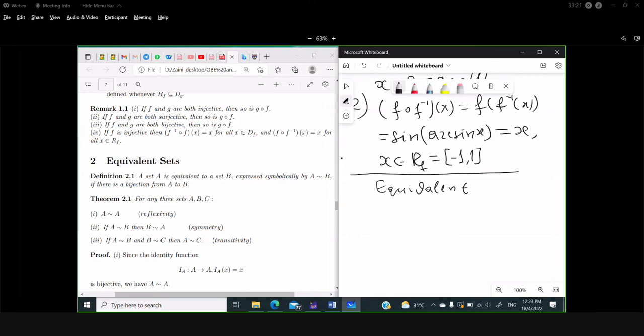See, when we say that two sets are equivalent, do you remember in the calculus also we have equivalent sets?